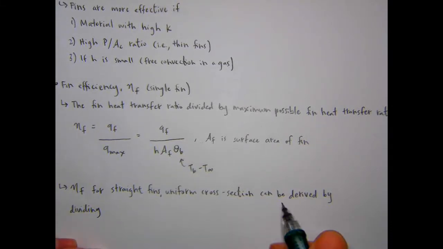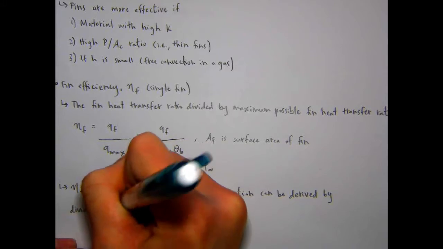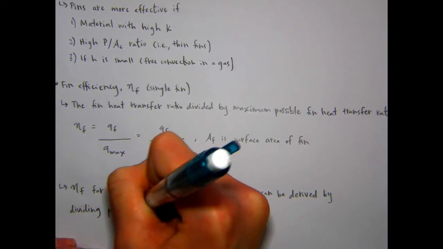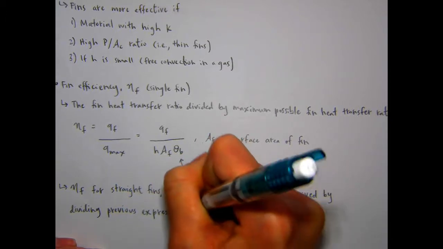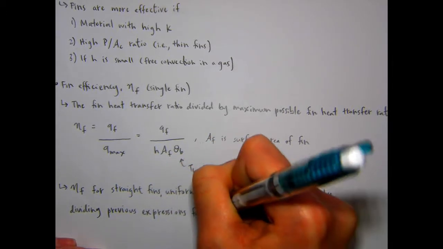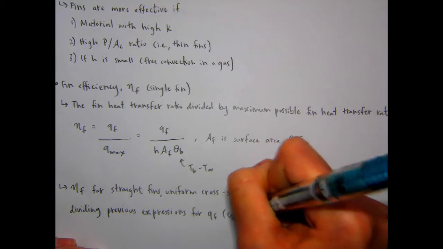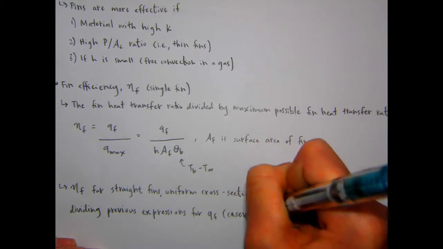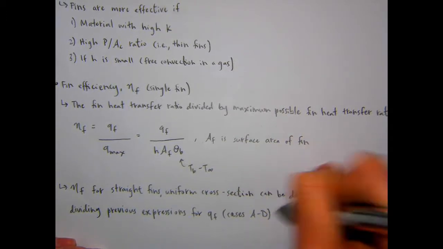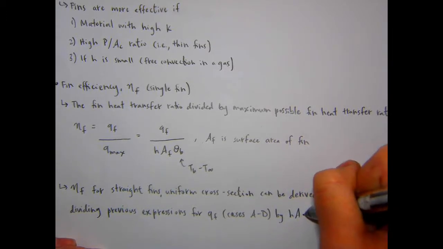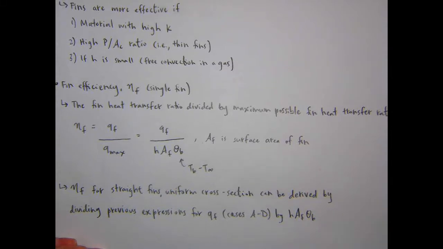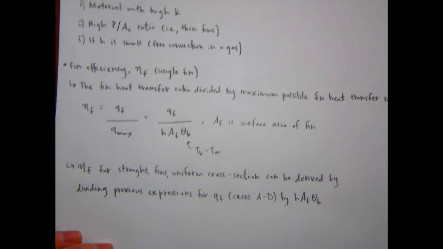So it can be derived by dividing previous expressions for Q sub F, which we showed in cases A through D, by this quantity h, A sub F, theta sub B.